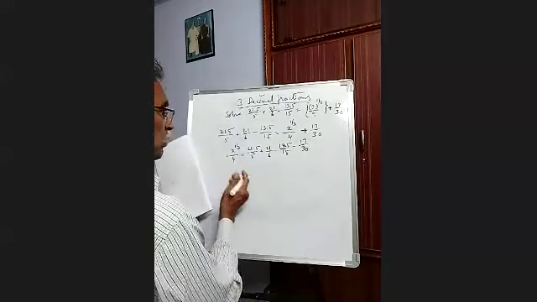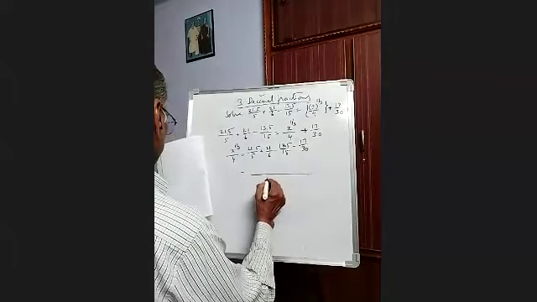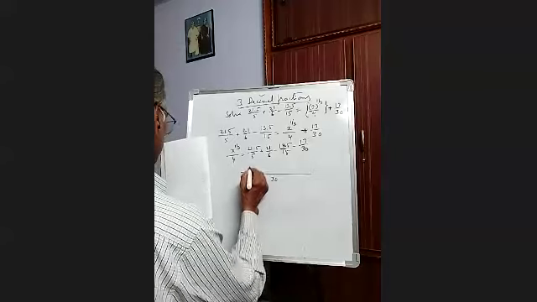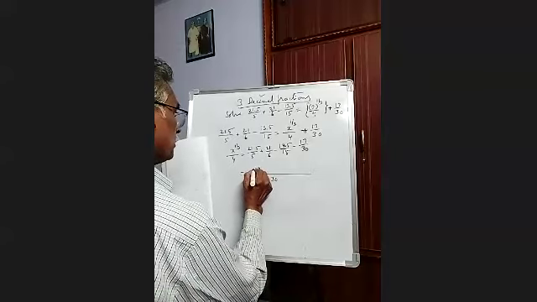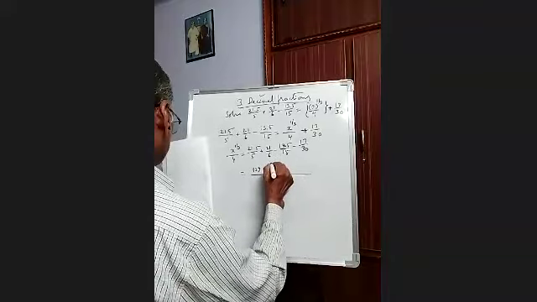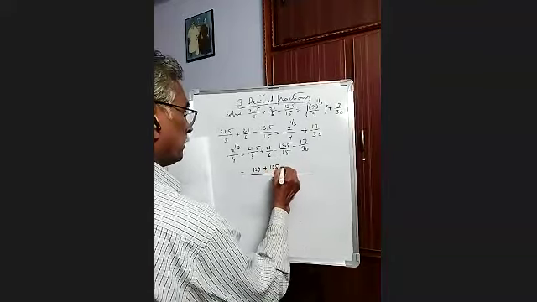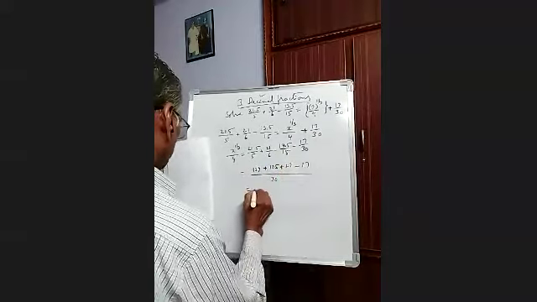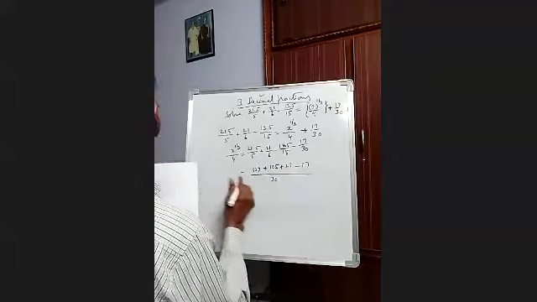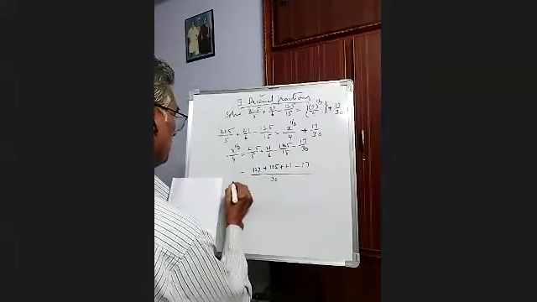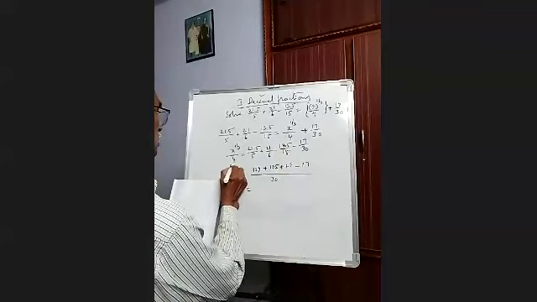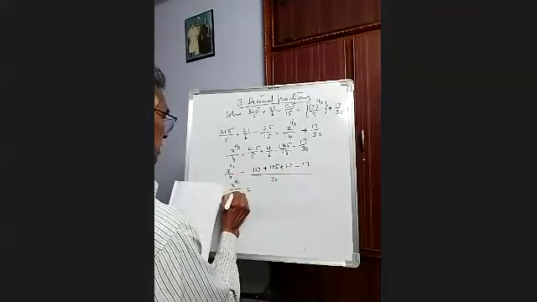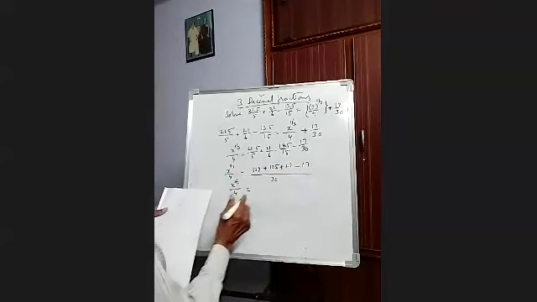The LCM will be 30. This is 6 times 129 plus 5 times 105 plus 2 times 27 plus 1 time 17. Total will be 190 by 30. Let us keep x to the power of 1 by 3 by 4 on the left side.